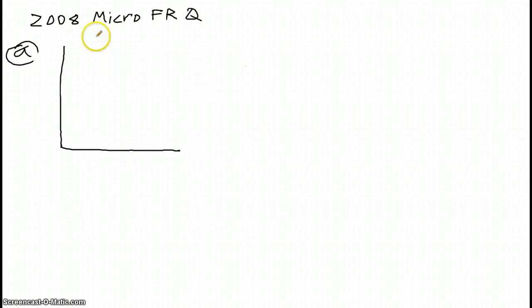For A is the drawing graphs portion. So here is the apple industry with price on the y-axis and quantity on the x-axis.